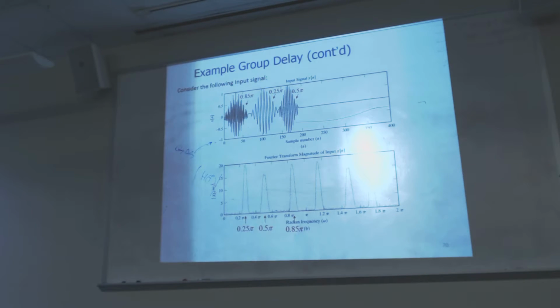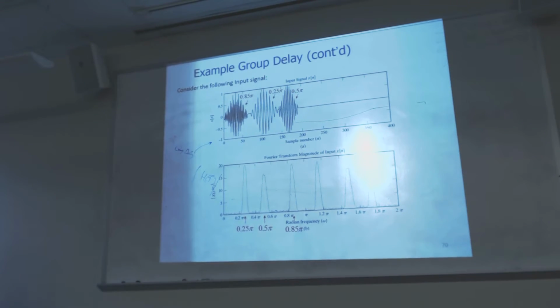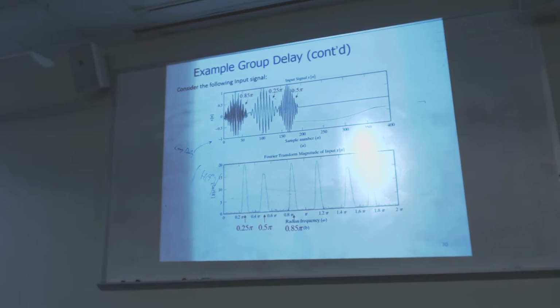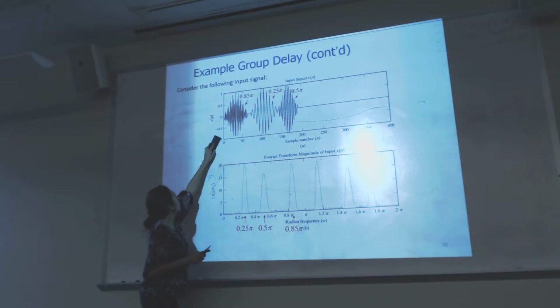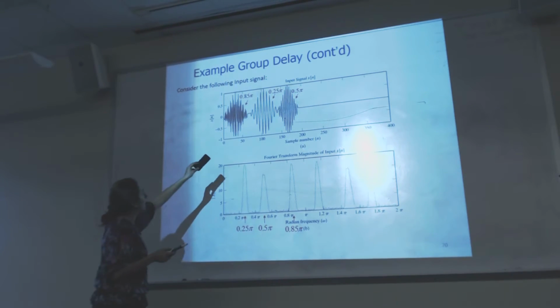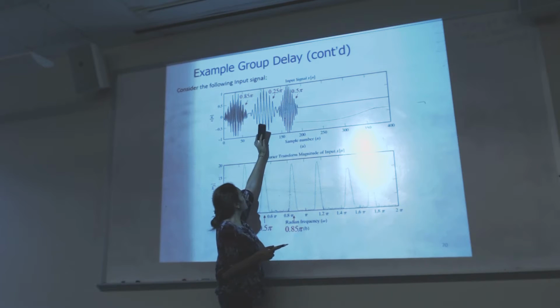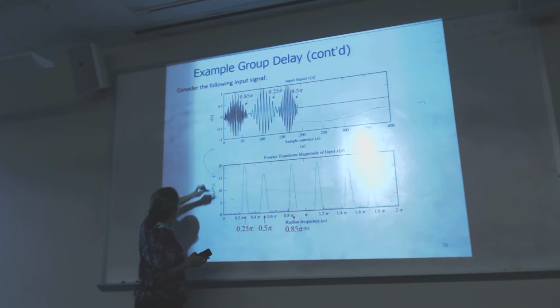So now let's see how this group delay diagram and everything else comes into the picture. Suppose this is my input. Example. As you see, in my input I have 3 frequencies. So how can I exactly know that?